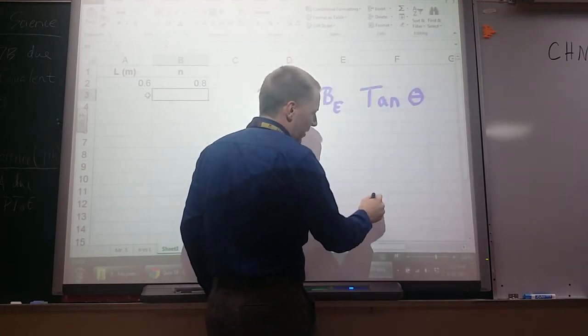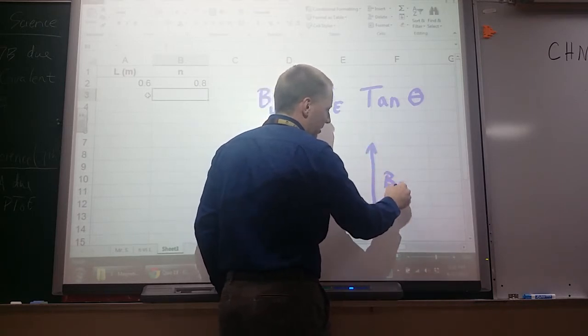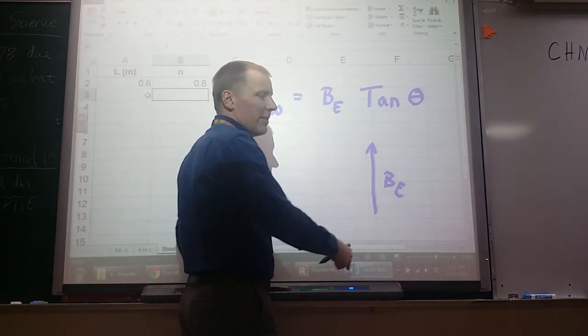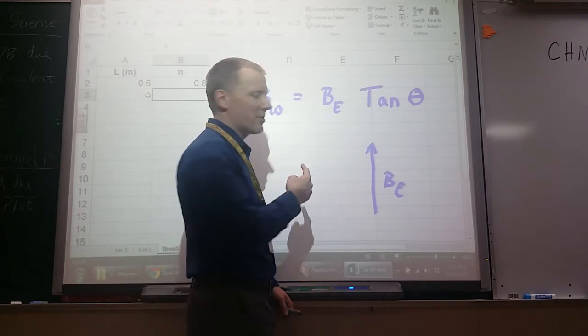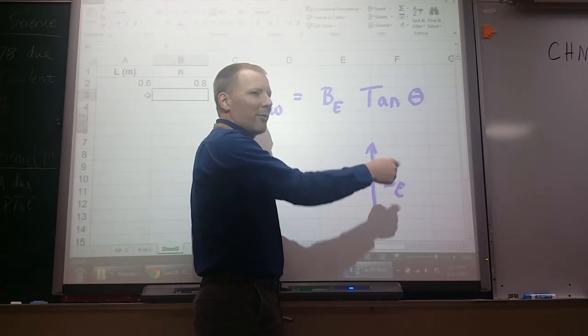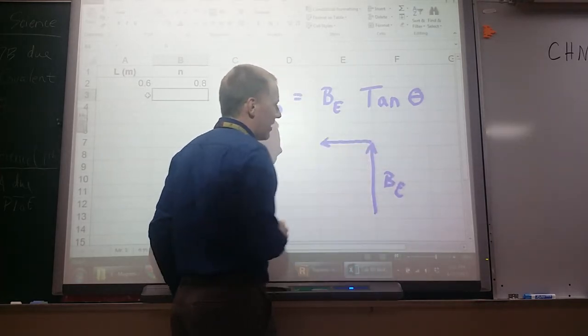When we had this aligned, we have the magnetic field from Earth. We turned on the wire, which is also going north-south, but depending on which direction the current is going, the magnetic field was pointing either that way directly above the wire or this way. It doesn't really matter which for our purpose.